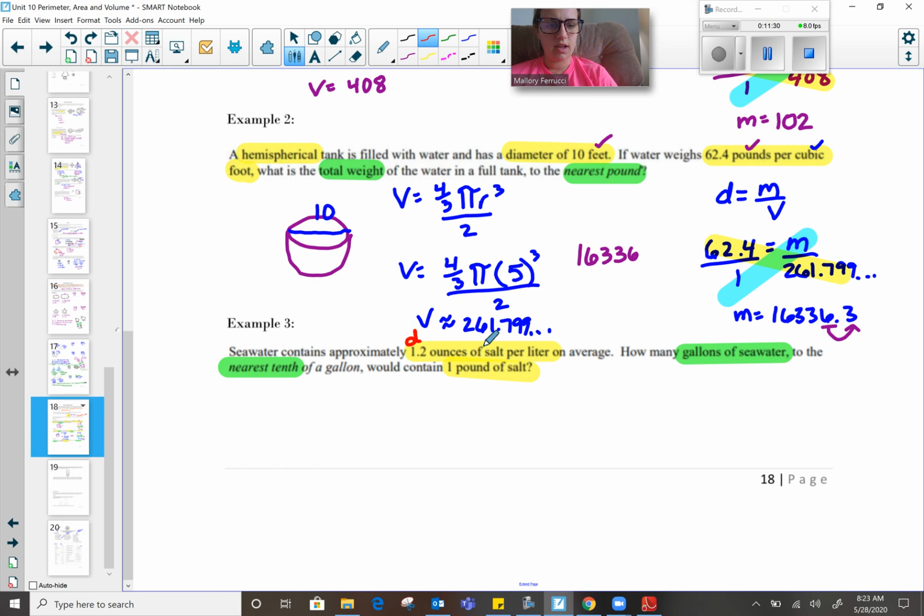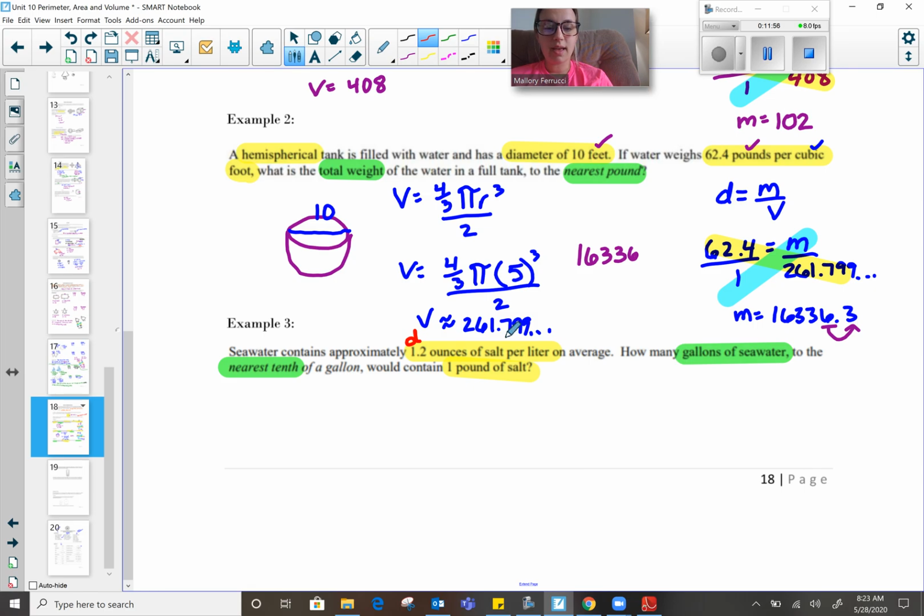Ounces and gallons and stuff like that can all be measurements of volume. Not ounces, liters. Liters can also be a measurement of volume. So not per cubic something, it would be per liter because that measures volume.